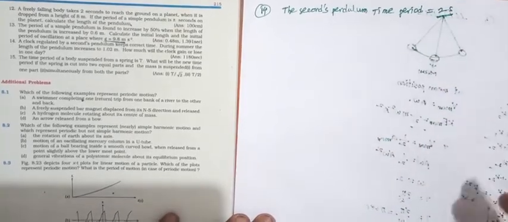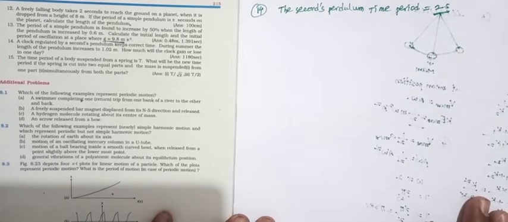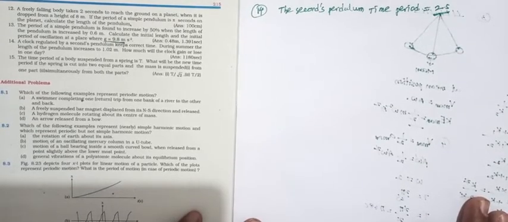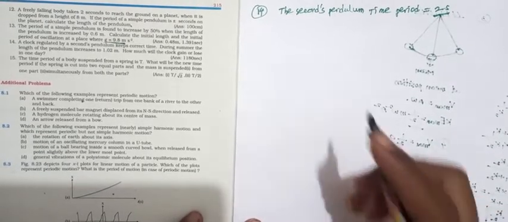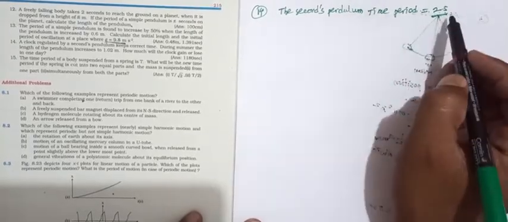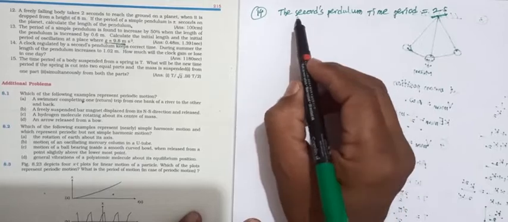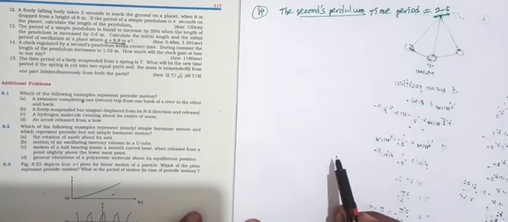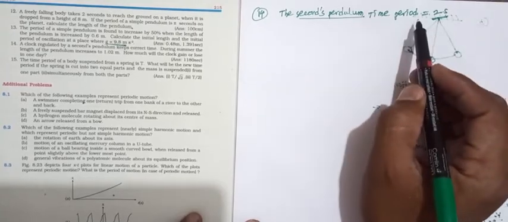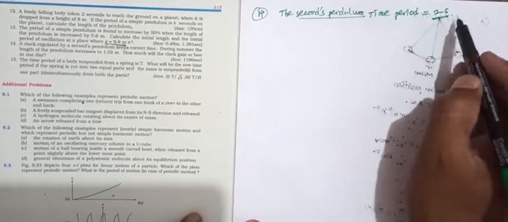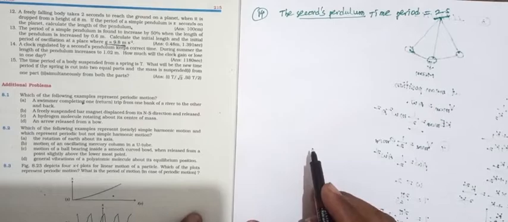This is the definition: a simple pendulum whose time period is 2 seconds is called a seconds pendulum. So the time period of a seconds pendulum is 2 seconds.